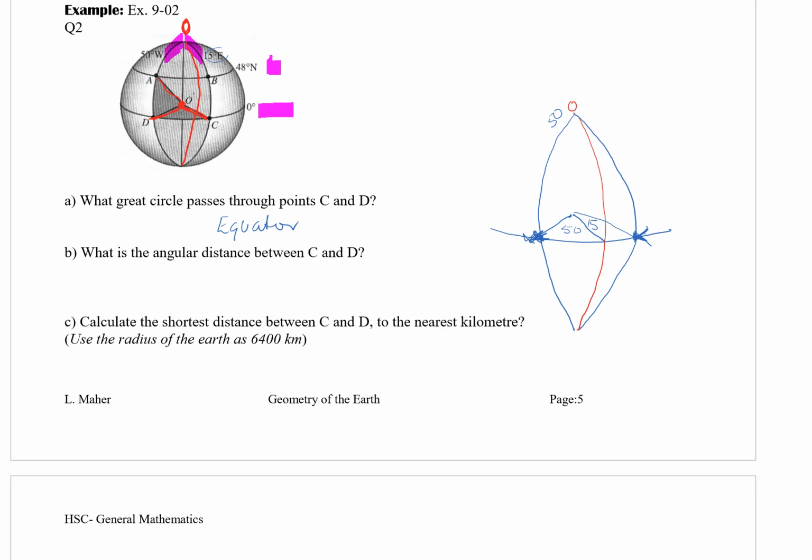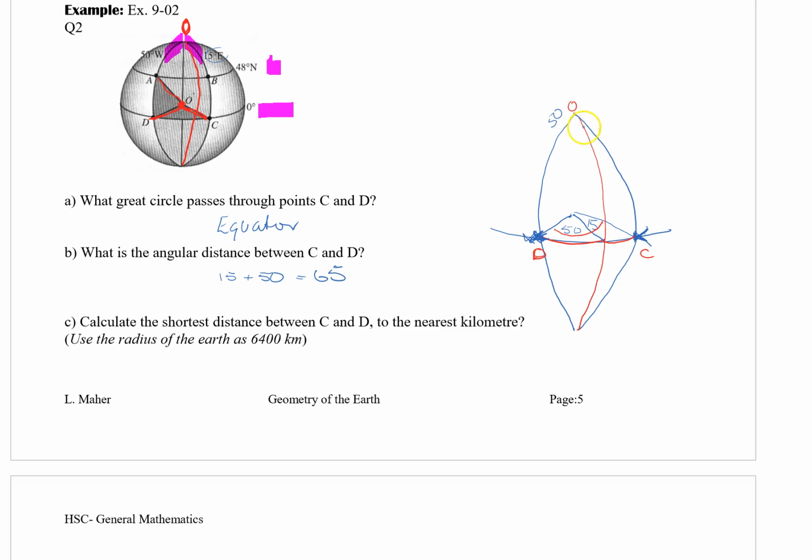So when we're asked for the angle between C and D, we want both of those. We've come 15 degrees and we've gone another 50, which gives us a total of 65 degrees between C and D.